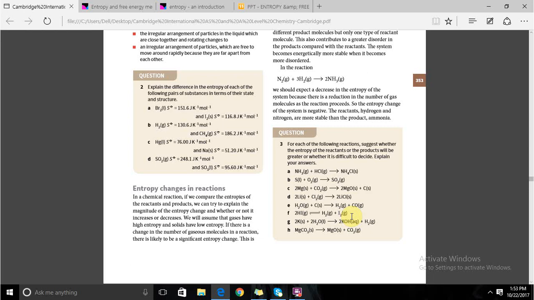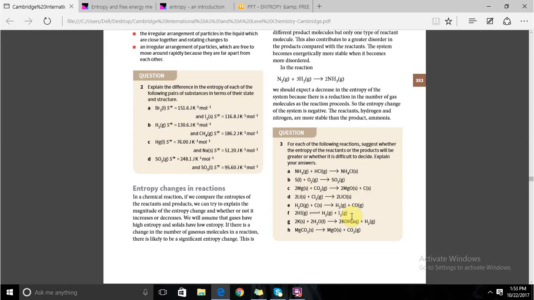Well, when you talk about a reaction and the total entropy change, we will have to compare the entropies of the reactants and the products, and you would have to explain the magnitude of the entropy change, whether it increases or decreases.